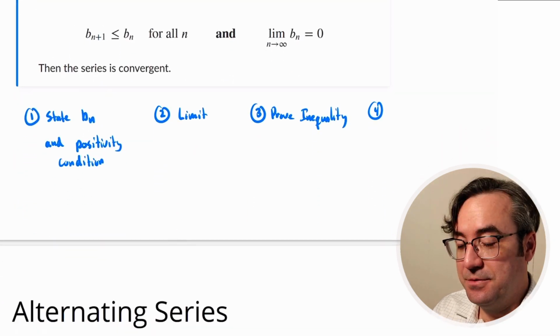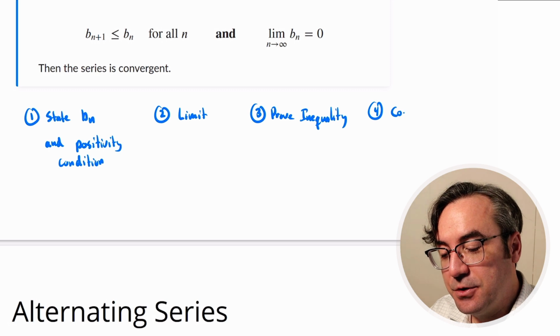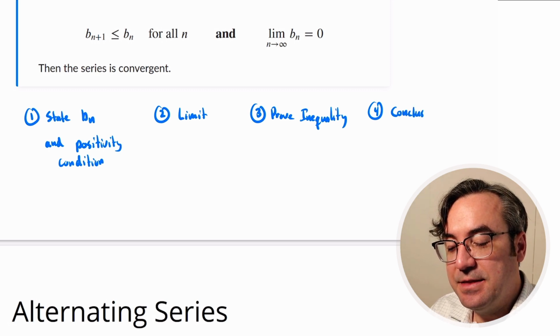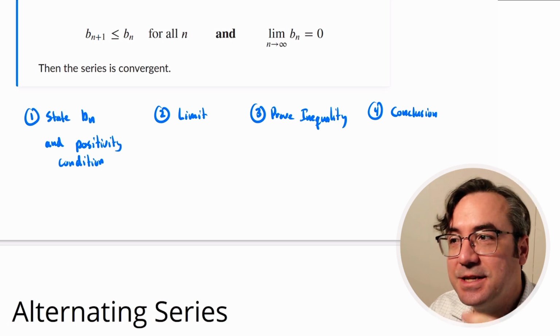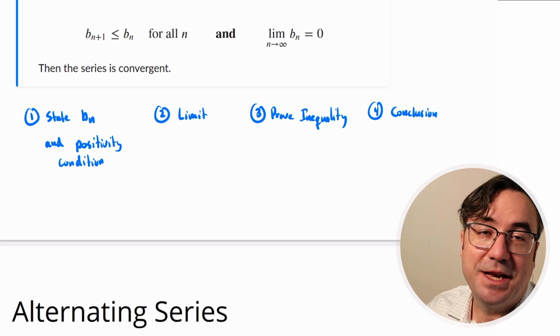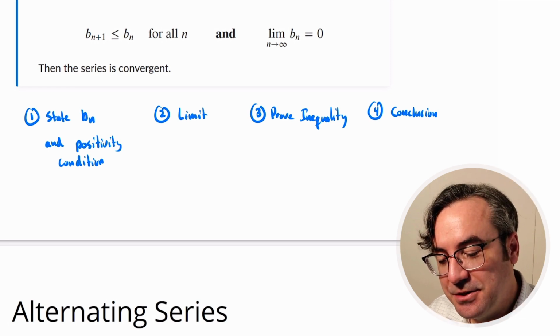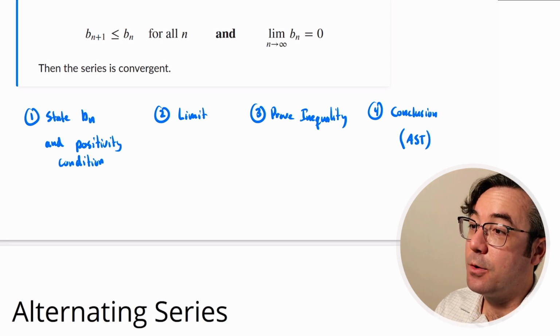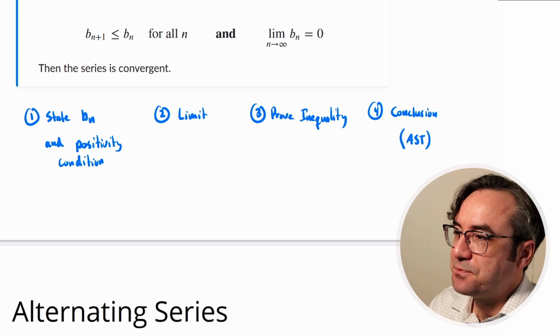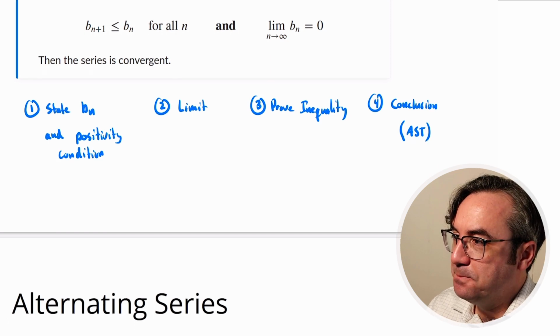So figure out if this is going to be convergent, and then state the name of the test that you're using. If you're using the alternating series test, say alternating series test, or you can abbreviate AST if you want. All right, so these are the steps we're going to do.